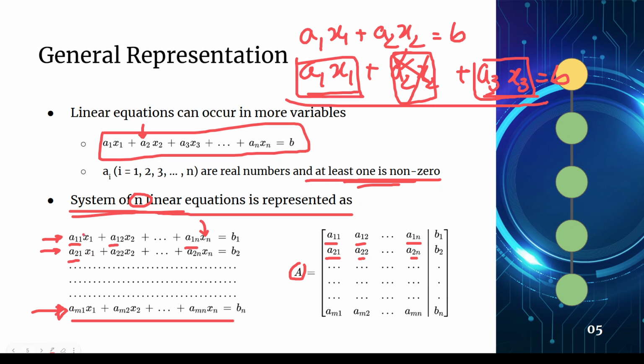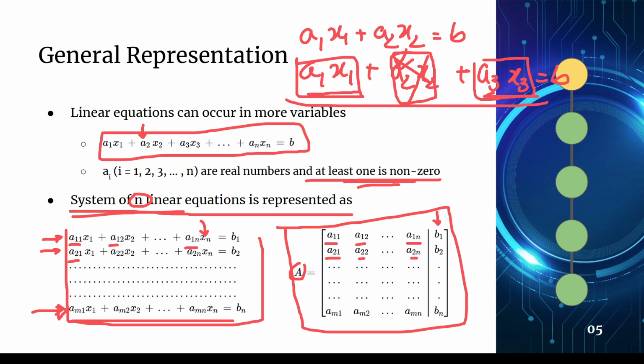We just collected the values associated with the x's and converted them into the matrix, and over here on the right side we just added the constant parts. So we can say that this matrix represents this equation in total.